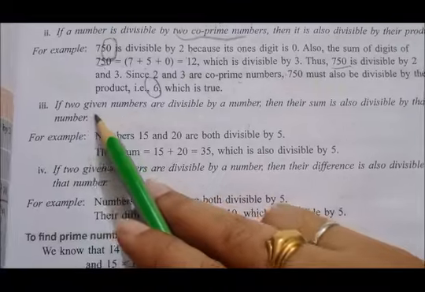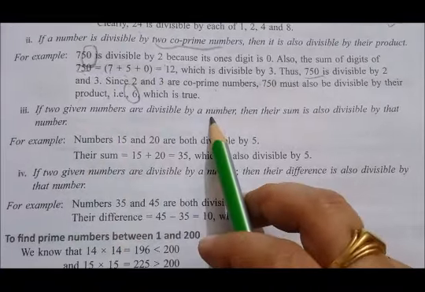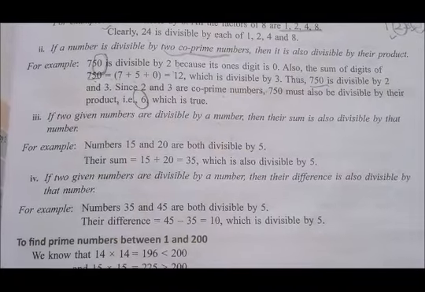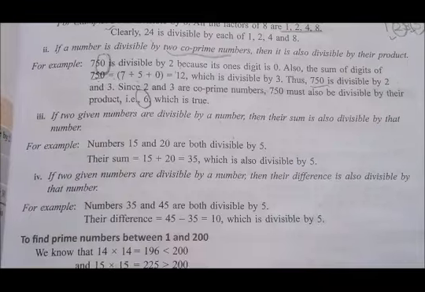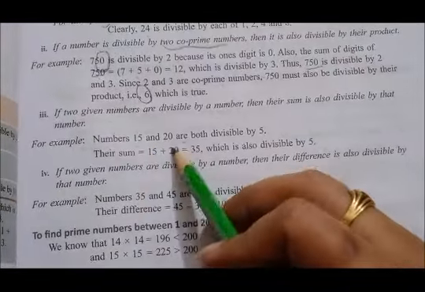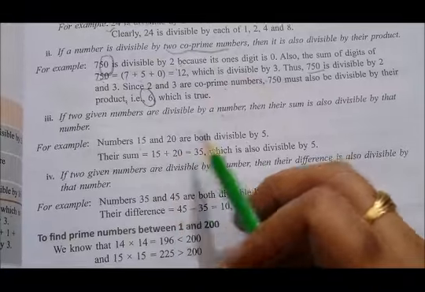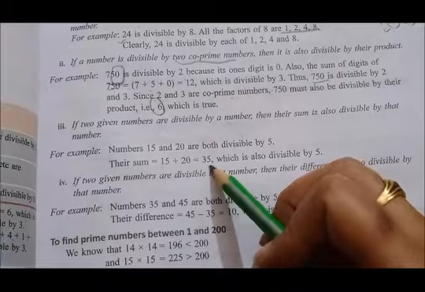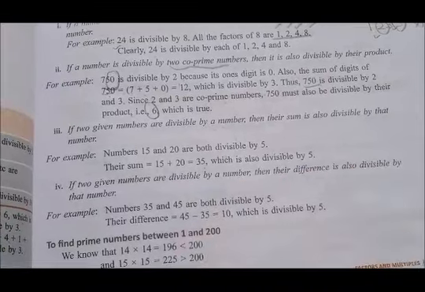Third point, if you have any two numbers that are divisible by the same number, then their sum is also divisible by that number. See, they have given one example, 15 and 20. We know both are divisible by 5. Now do their sum. 15 plus 20 is 35. 35 is also divisible by 5.